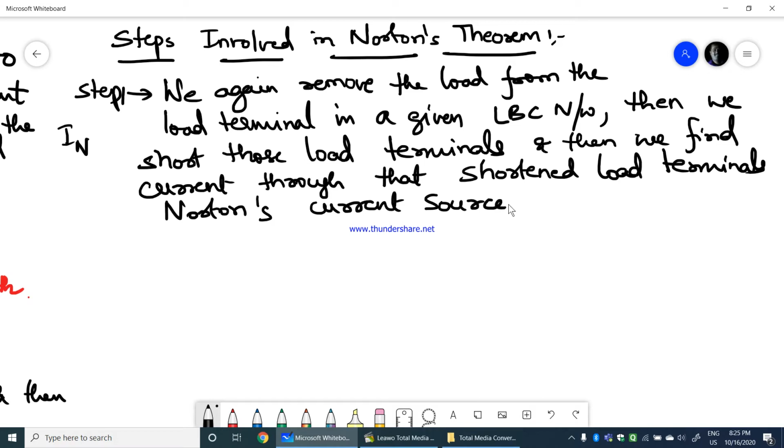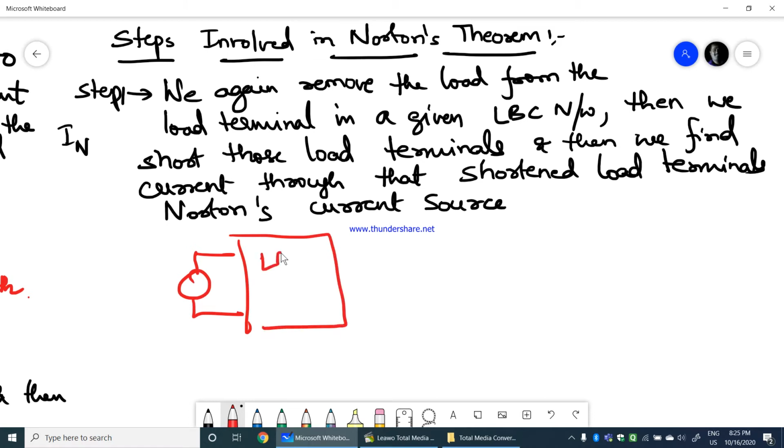Now what we are doing here is, we have a linear bilateral complicated network which has Vs as the source, whereas RL is connected as the load.